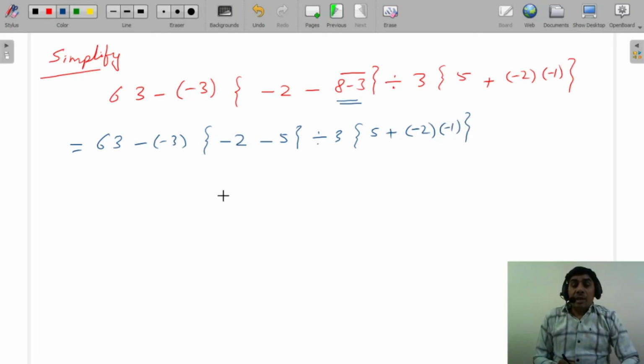Now in the next step, brackets appear, small bracket and curly brackets.